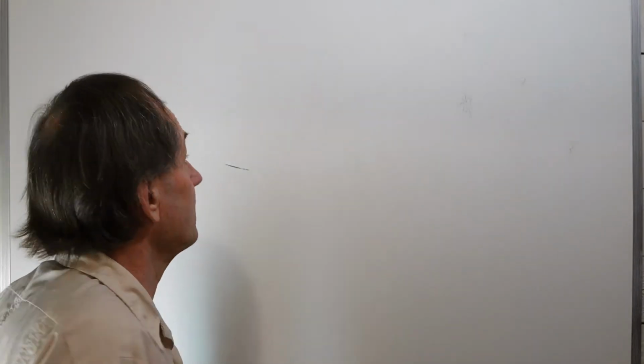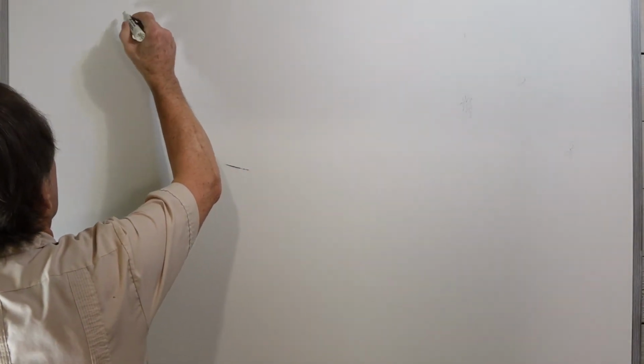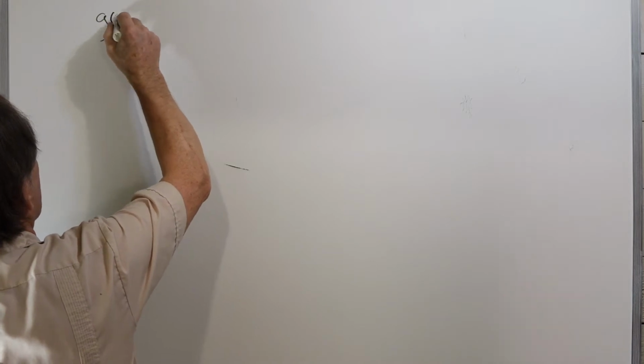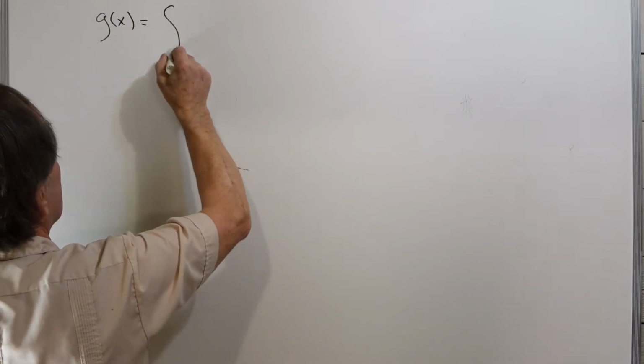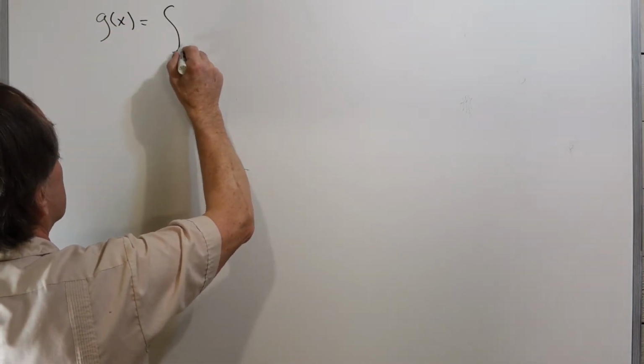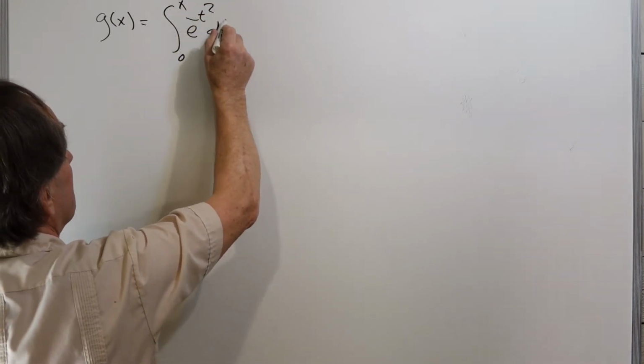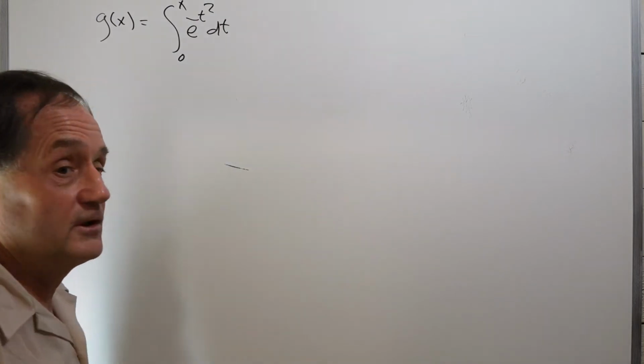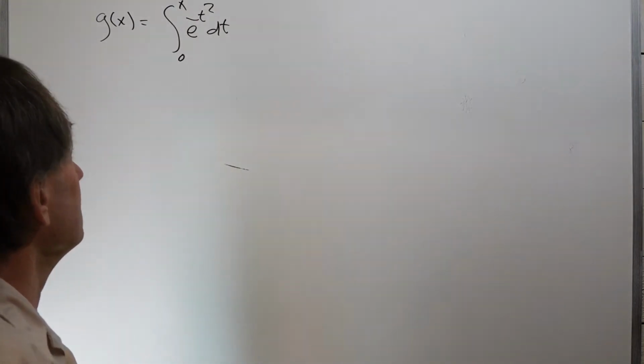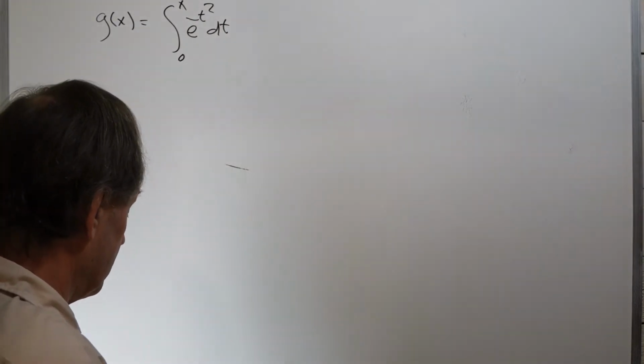Okay, now I'm going to look at the general integral, where we have g of x is equal to the integral from 0 to x of e to the minus t squared dt. We want to find what g of x is, and we're going to use Laplace transforms for doing that.